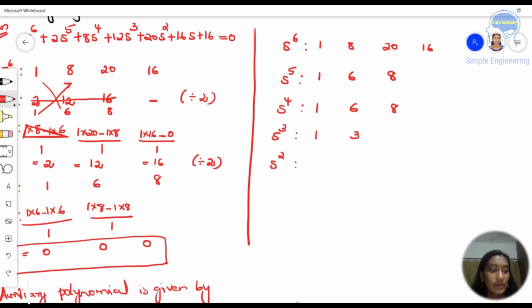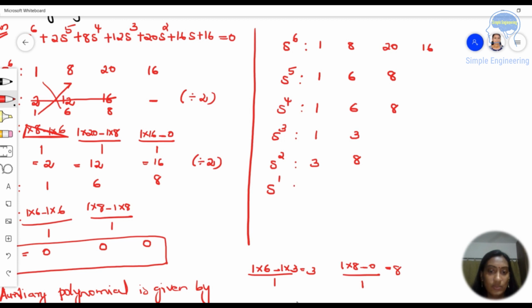In order to find s power 2, you have 1 into 6 minus 1 into 3 by 1, which is 6 minus 3, which is equal to 3. Next is 1 into 8 minus 0 by 1, which is equal to 8. So here you will get 3 and 8, which is your s squared row.